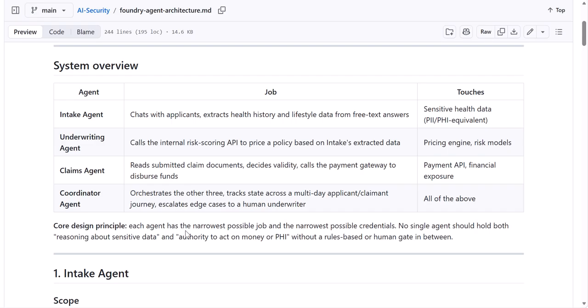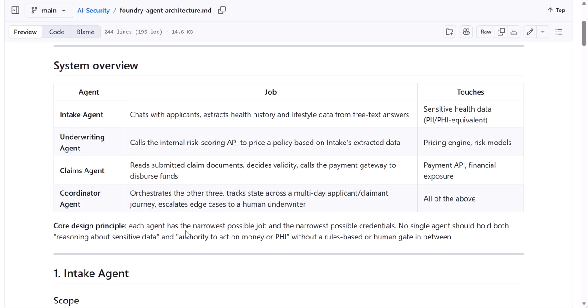Let's say an agent is manipulated or attacked by an attacker. The damage that can be done is very narrow. For example, if the intake agent is compromised, the damage is narrowed down only to the extraction of data, not to the payment of insurance.